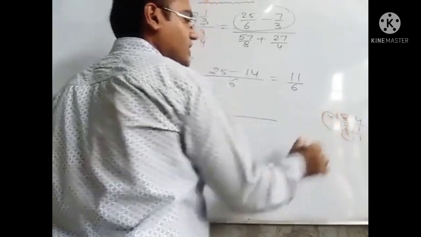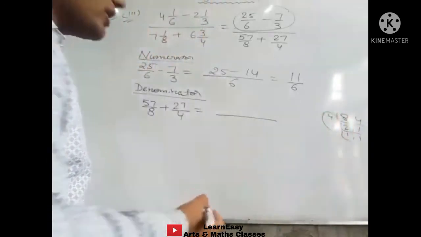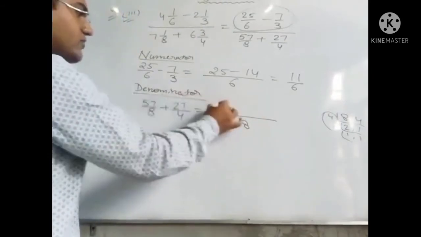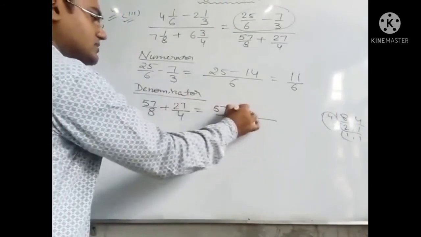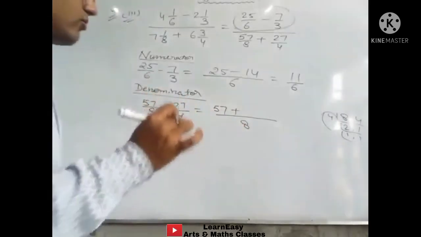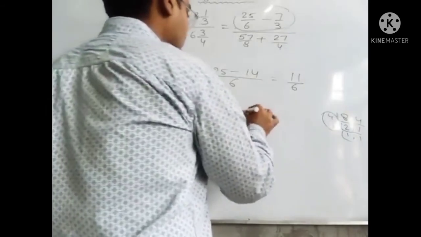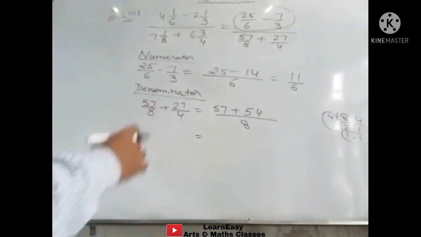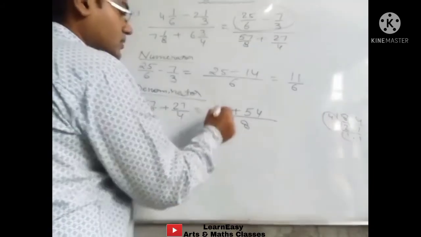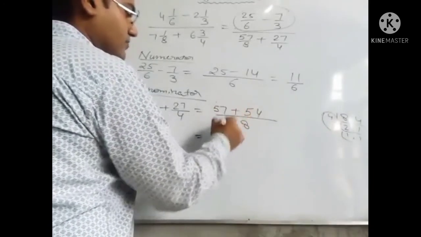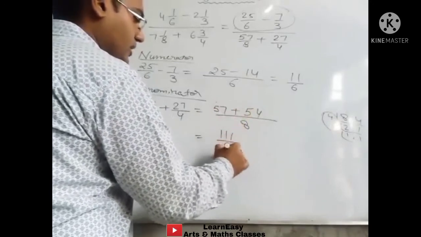So LCM of 8 and 4 is 8 only. So here we will write 8. 8 times 1 is 8, 1 into 57 will be 57, plus 4 times 2 is 8, 2 into 27 will be 54. Now we will add them. 7 plus 4 is 11, 5 plus 5 is 10, plus 1 is 11, so 111 upon 8.